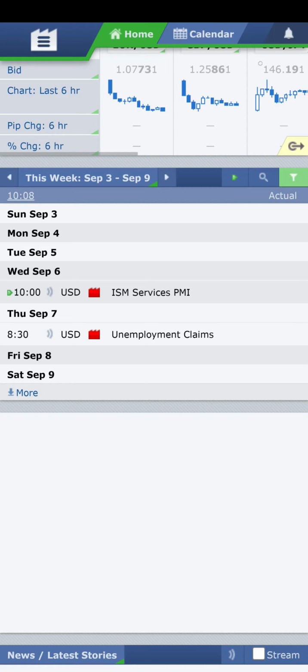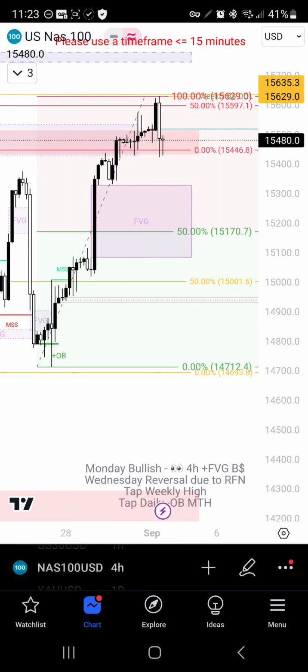So let's take a look back over at TradingView. All right, back here on TradingView again. Whenever the market opens, I'm thinking it's going to be bullish. So I'm looking for that 4 hour FVG to provide us our support, if you will, to push the market up, right?